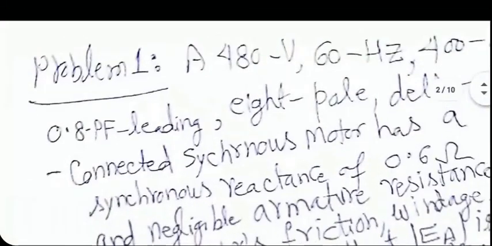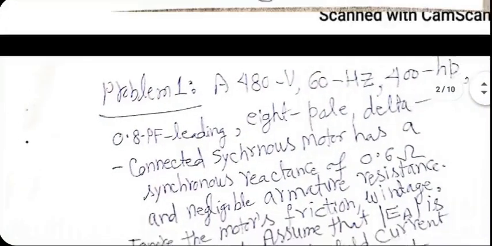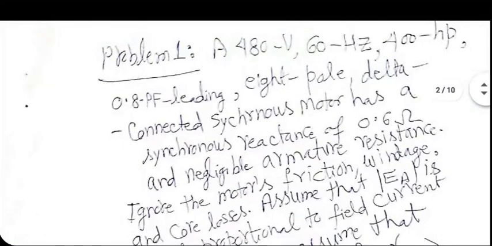Now, some numerical examples. I know it's barely readable. Let me read it out loud. This problem says a 480 volt, this means line to line voltage, 480 volts, 60 hertz, 400 horsepower.